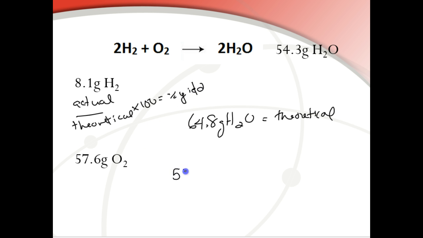So this would be 54.3 over 64.8 times 100, and we get our answer, 83.8%. So that's percent yield, theoretical yield, and limiting reagent.